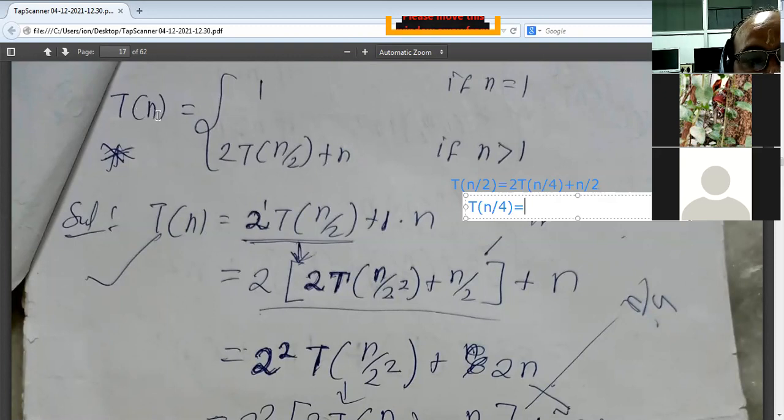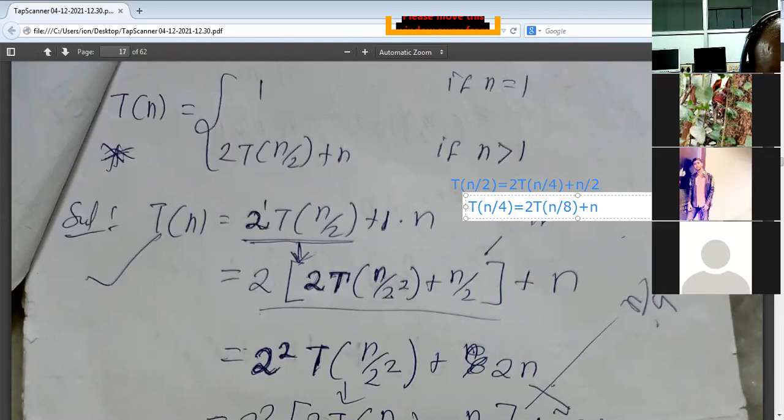So T n by 4 will become 2T n by 8 plus n by 4. Next it will become n by 4.